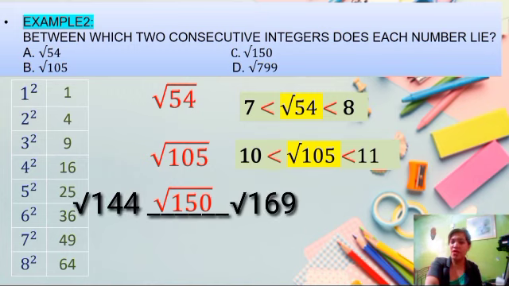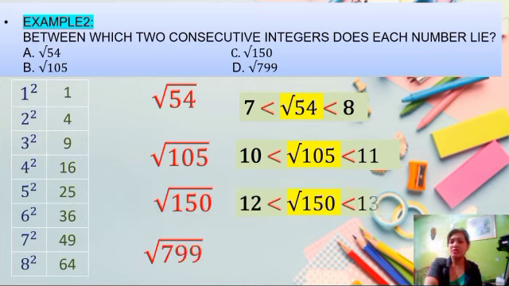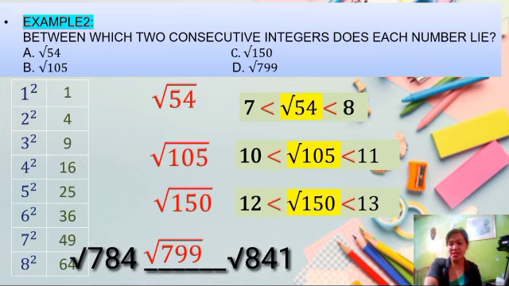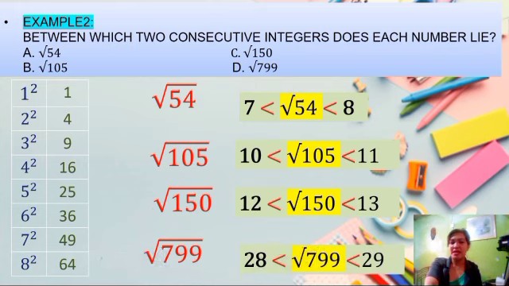Therefore, square root of 150 is between the integers 12 and 13. While square root of 799 is between 28 and 29.